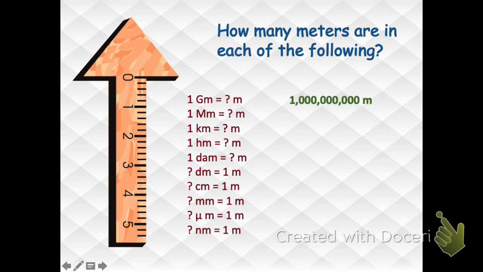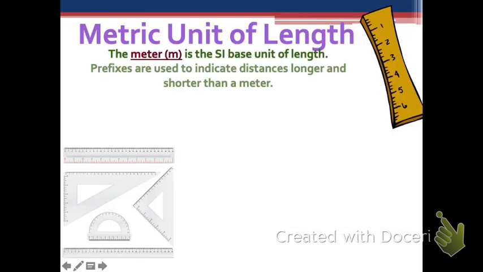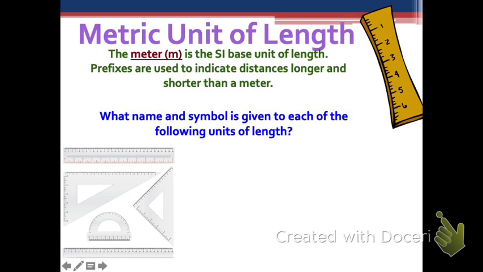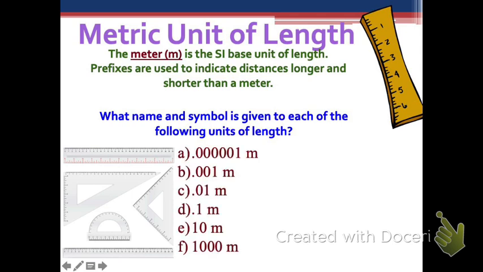Okay, let's do just a few of these. We're not going to go through all of these. If we're talking about meters, what name and symbol is given to each of the following units of length? Let's look at B for sure. So what unit is equal to 1,000th of a meter? 1 millimeter, right?